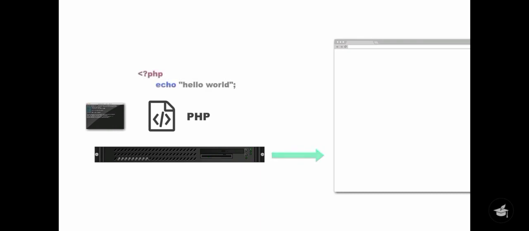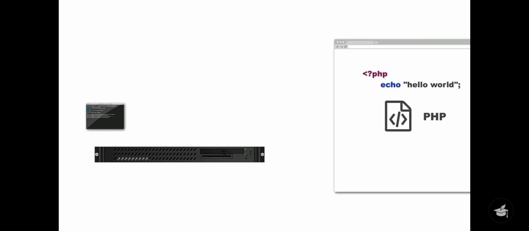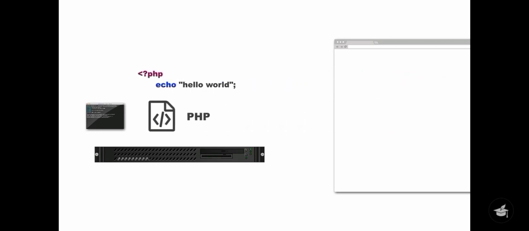For example, I have a PHP file that echoes out hello world. Now if PHP was client side, I would be able to receive that PHP file and it would say echo, and I'd see the string and the semicolon. I'd be able to see that file, but I don't. I don't get to see that syntax.